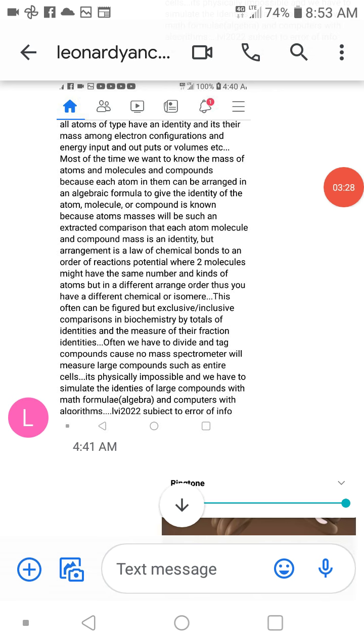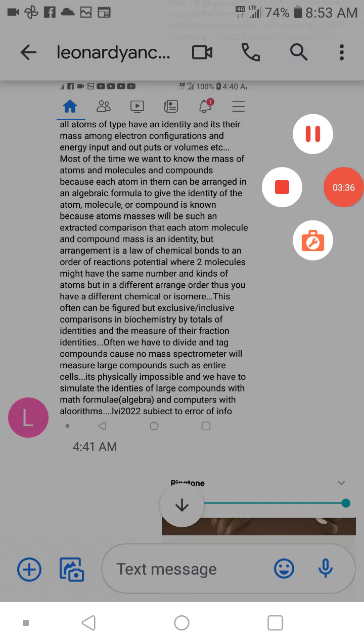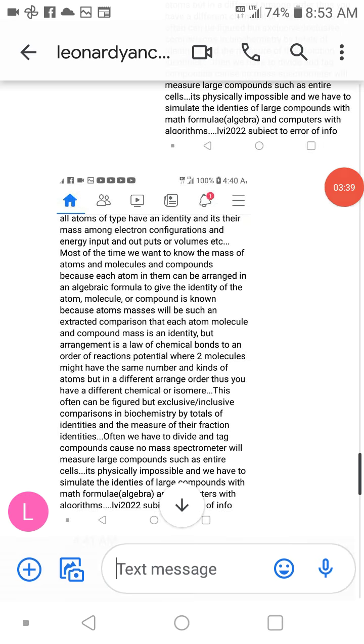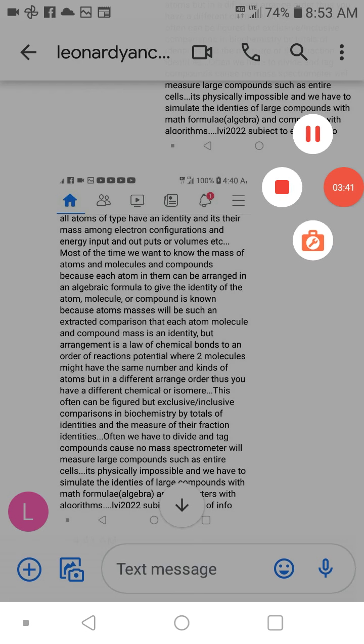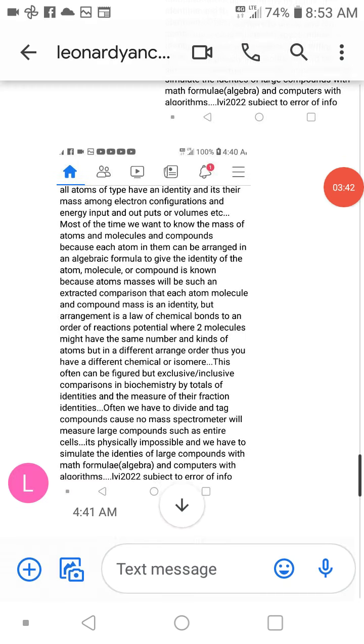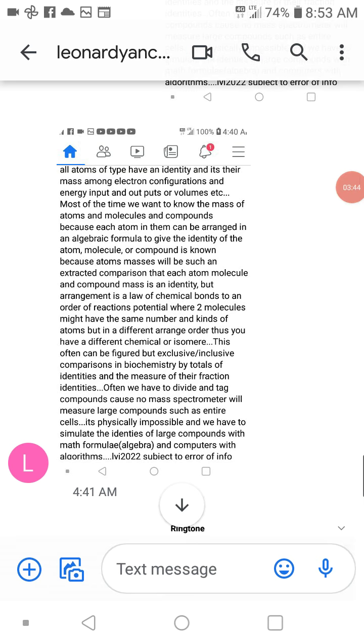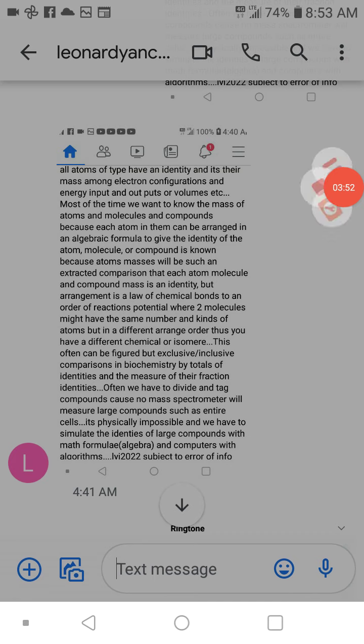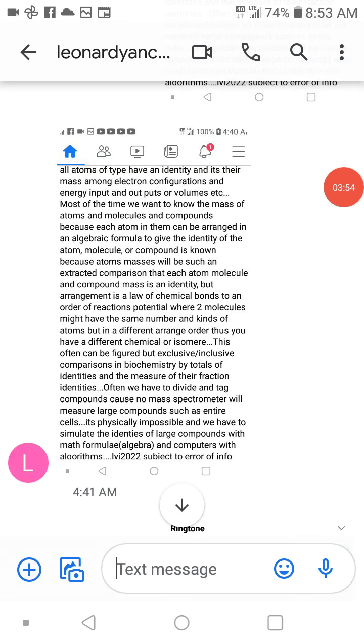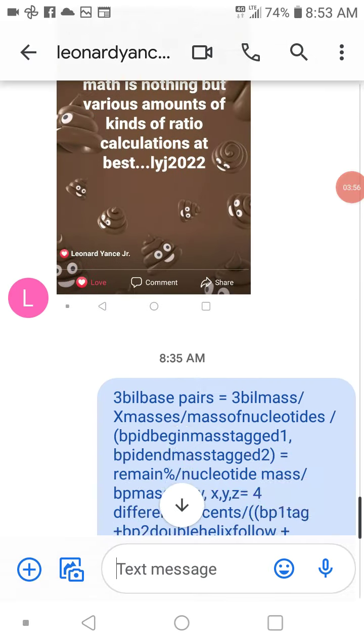And then basically you compare that with an algorithm, and you have to know the shape of your organelles, so you may need an electron microscope to get the shape or a generic shape. And then basically you use algebra and computers, kind of like we did the DNA down here.